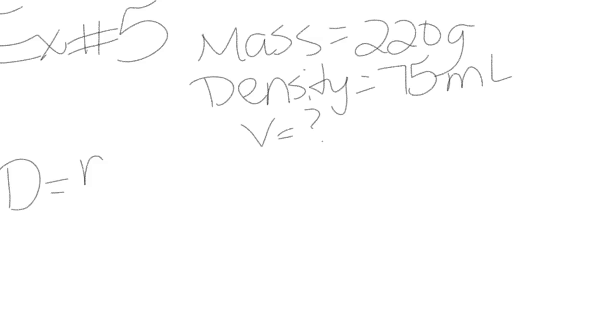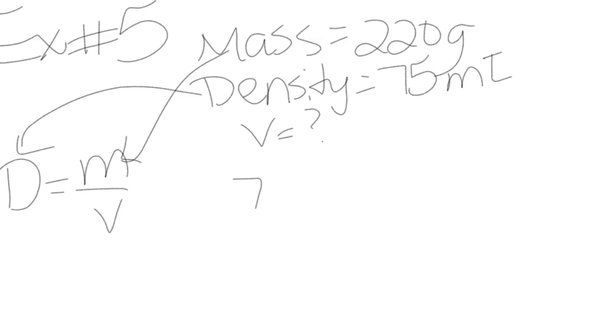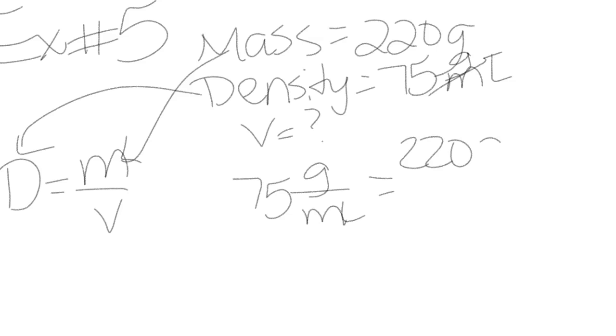D is equal to M over V, and then I've got to plug in the info that I know. In this case I know the mass and I know the density. So we're going to plug this in. Density is 75 grams per milliliter, sorry, so 75 g per mL is equal to 220 grams divided by V.